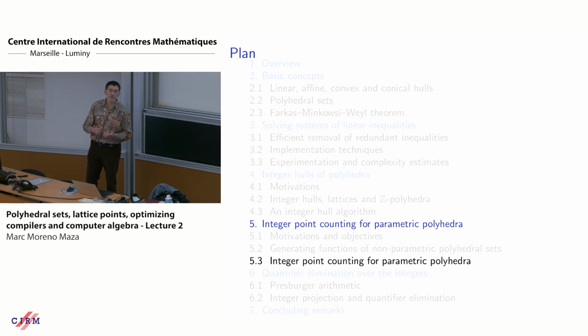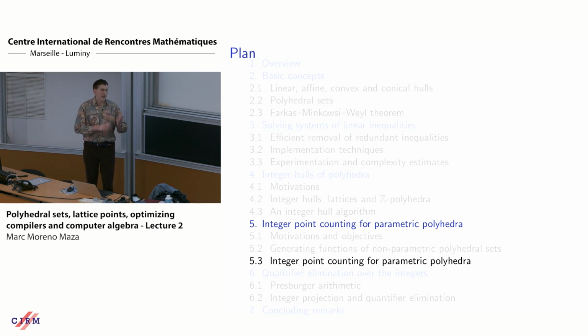But the vertices may change with the parameters. This can be done: essentially, we solve a bunch of linear systems, we do some case discussion, and we manage to find the different configurations for the vertices.